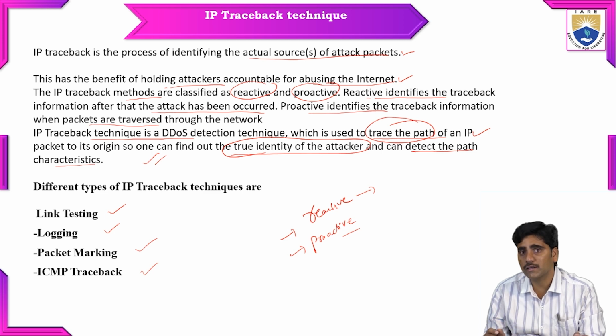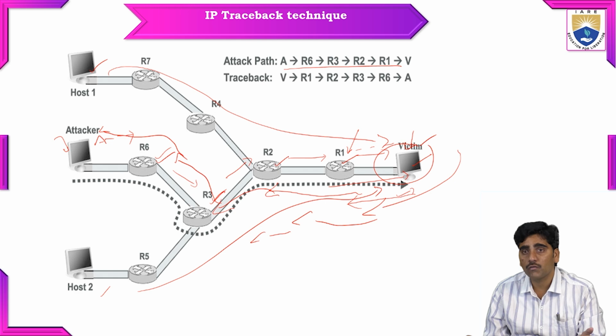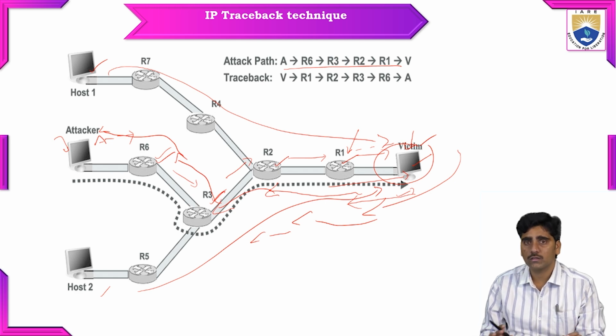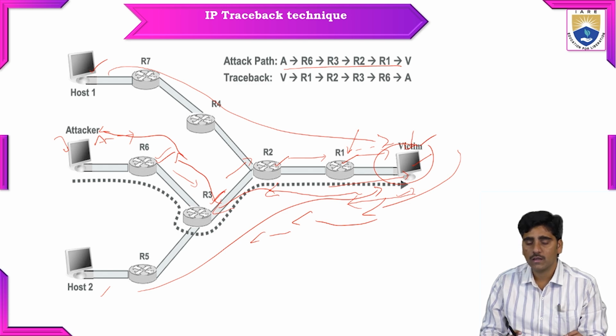Similarly, the proactive technique means we have to perform the traceback technique at the moment the packets are traversed. At this moment only we have to find out the details of each and every packet.